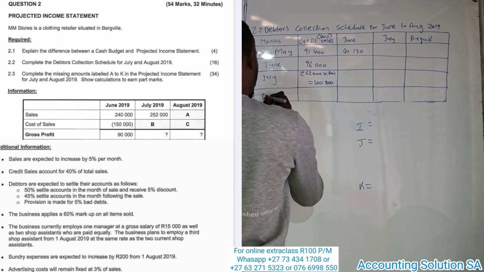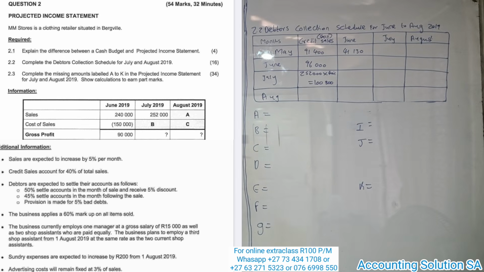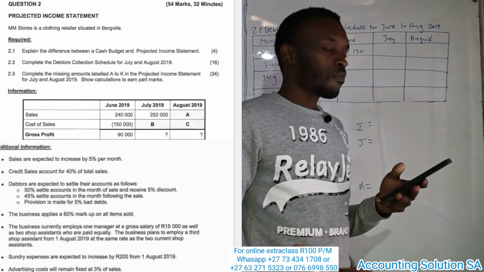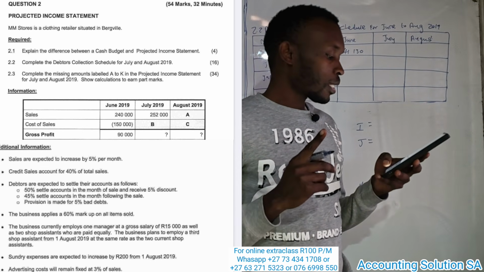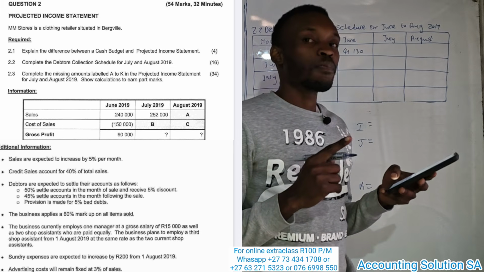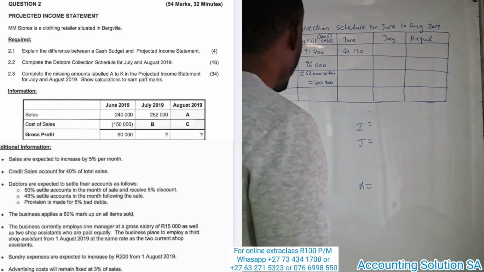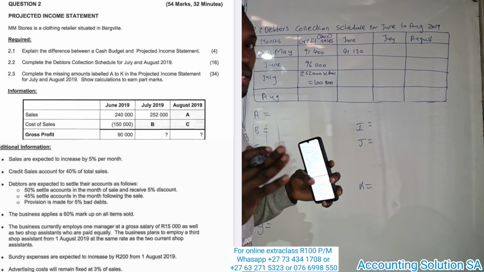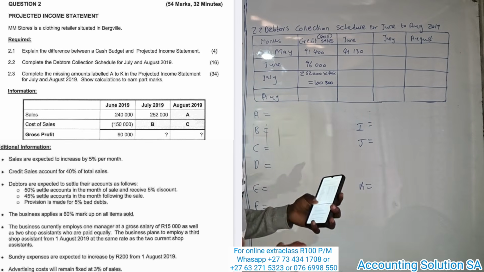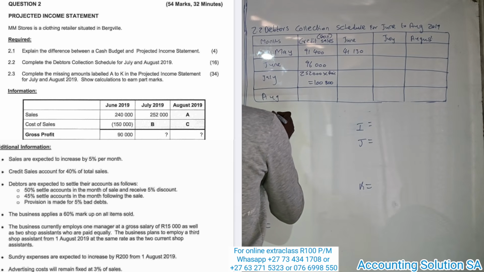Here we also have to calculate for August. If you check our table, guys, for A and C we are not given anything that we can use to calculate our sales. But it's not a problem, because they said sales are expected to increase by 5% every month. In July 2019 it was 252,000, which means we can calculate number A as well, the sales for August.